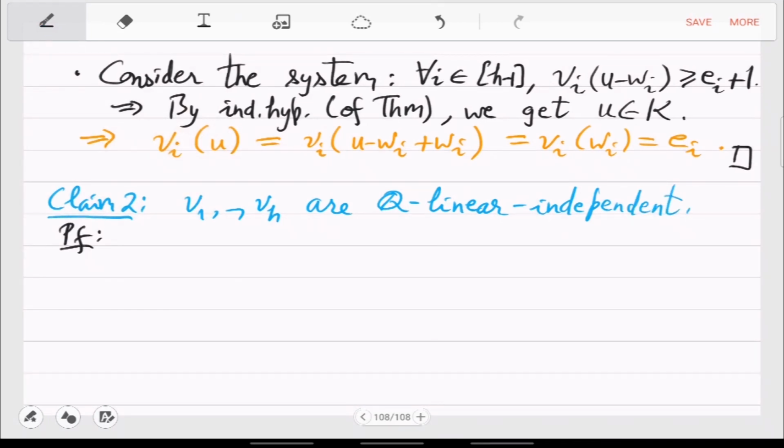Now this is a statement interesting on its own, because we are saying that if you take distinct points, then the corresponding valuations are very different. In particular, there is no linear combination of these functions which vanishes globally on the function field.